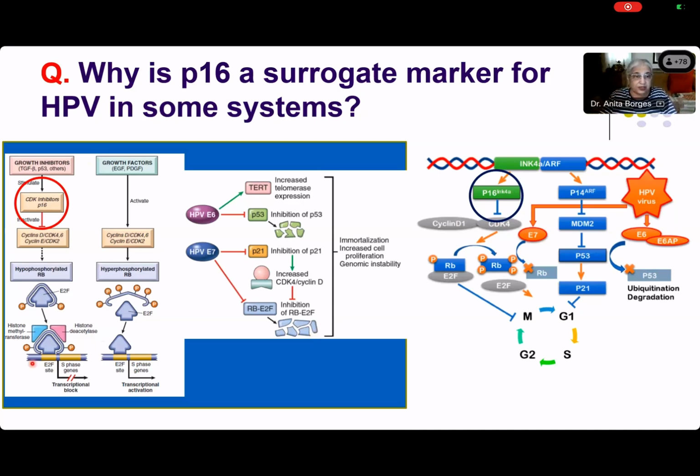Okay, now this E7, because it prevents it from happening, you see over here that there is a build-up. And it does this, as she was very rightly saying, by promoting this increase in the CDK4 cyclin D. Normally when you get this increase of CDK4, the gene that produces the protein P16 immediately gets into the system to try and suppress this CDK4, because CDK4 is a promoter of growth and pushes the cell into the S phase.